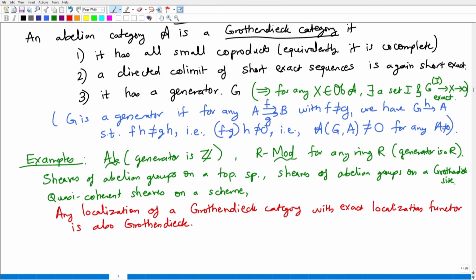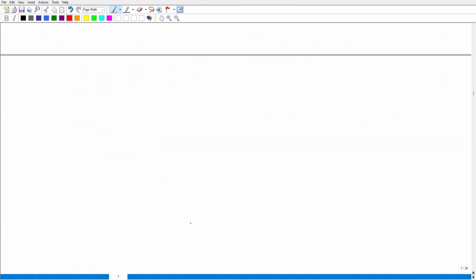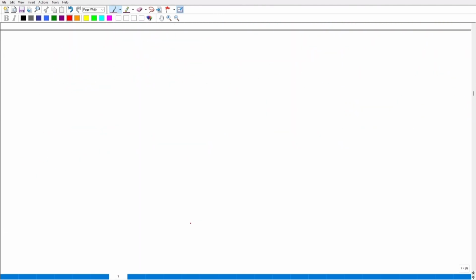So let me state what localization is. Those who have studied algebra, commutative algebra let's say, should be familiar with the concept. Consider Z. In the integers, you consider all non-zero integers.